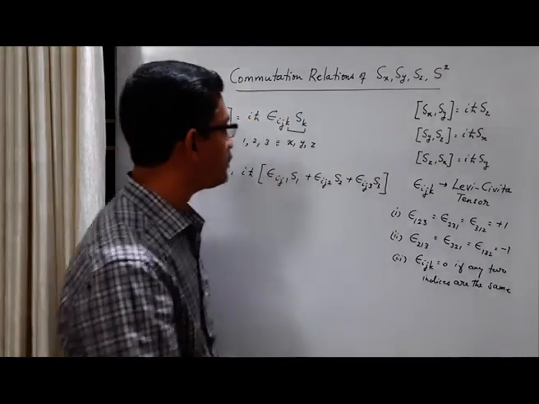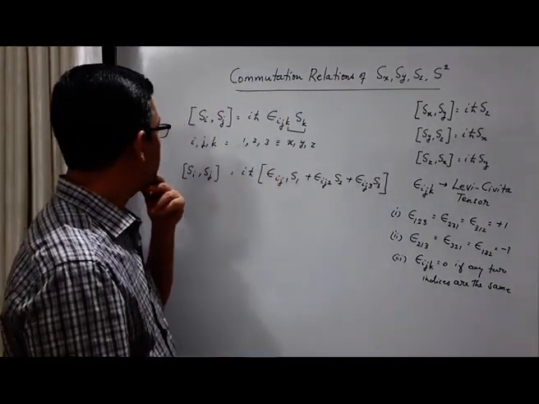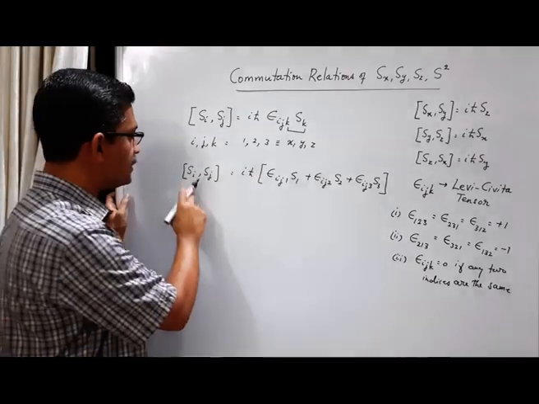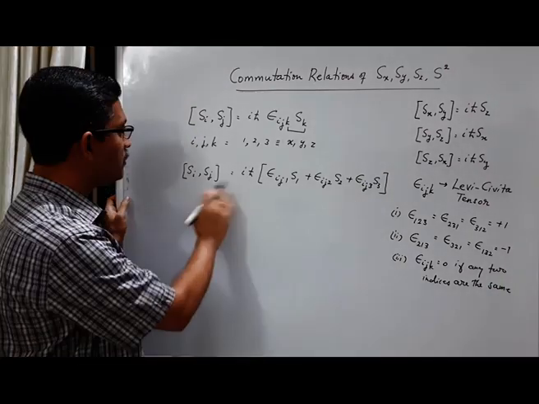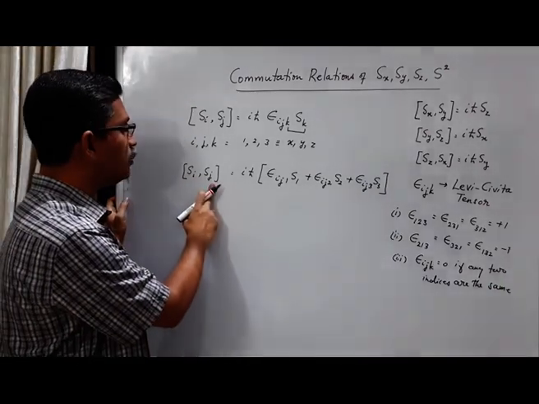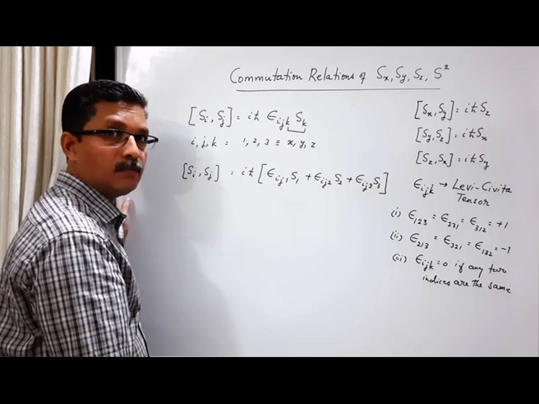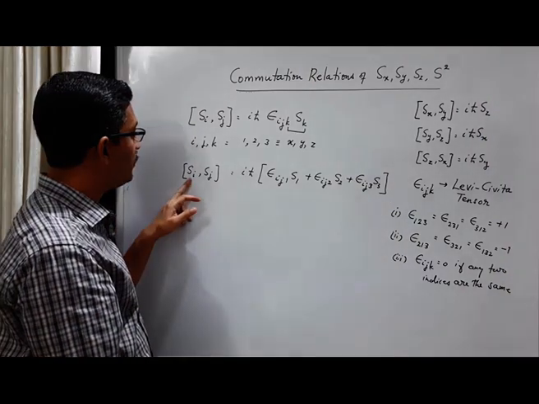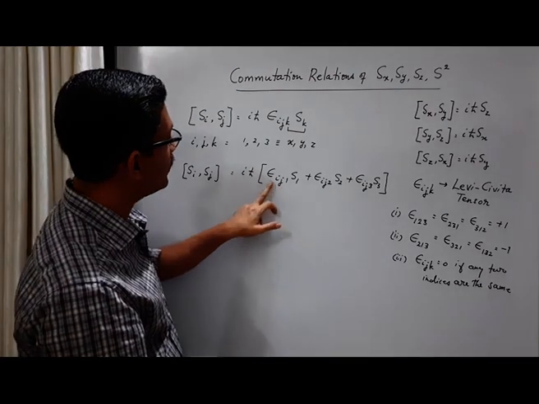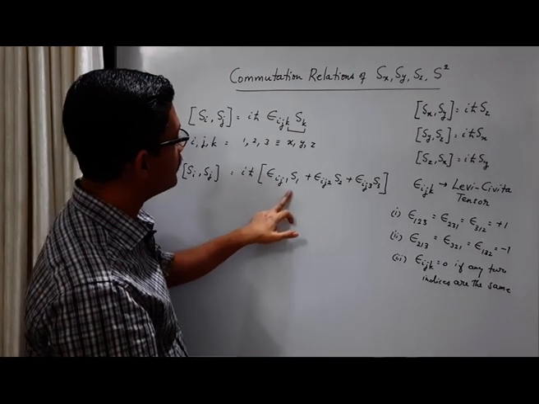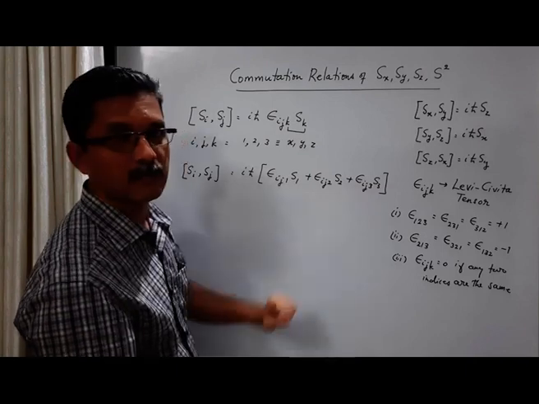Then let's use these properties in this evaluation. So we have got this epsilon, S_i S_j, I can expand like this. Now it is clear that if i is equal to j, then the right hand side will be 0. For example, S_i comma S_i, if j is equal to i, then these two indices are the same, this term will be 0, this term will be 0, this term will be 0.